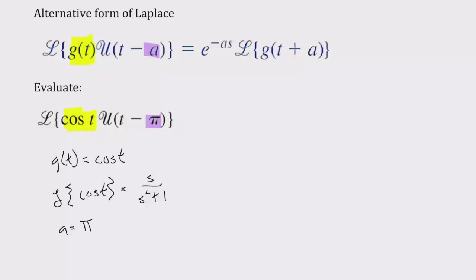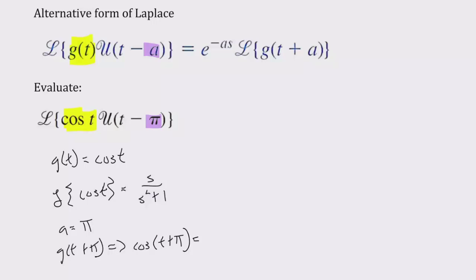Okay, so let's look at g of t plus pi, which is cosine of t plus pi.